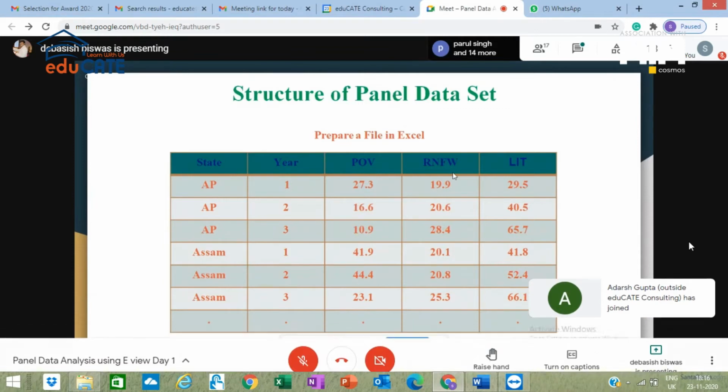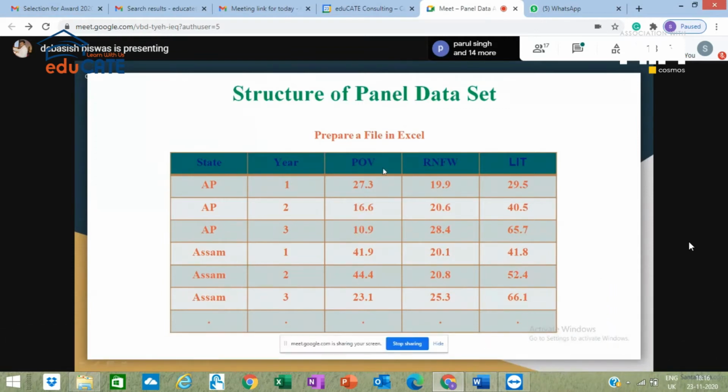The general rule is, first you have to write your dependent variable. So we have assumed rural poverty ratio, RPOV. Here I have written POV, no problem. You may write RPOV also. So POV is your dependent variable.